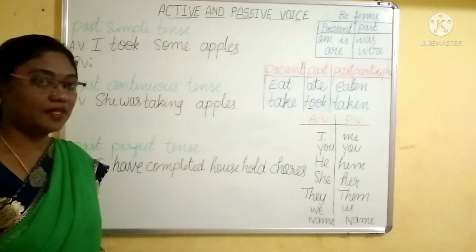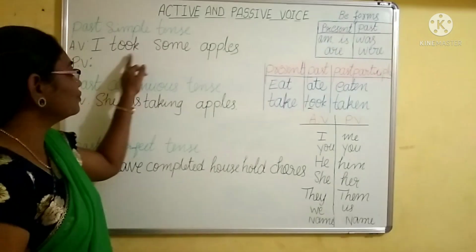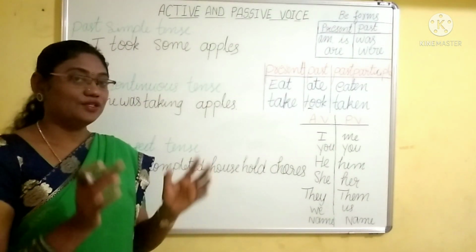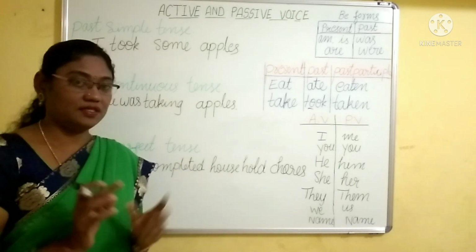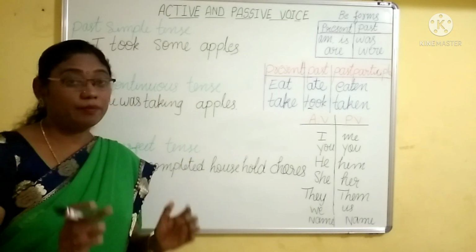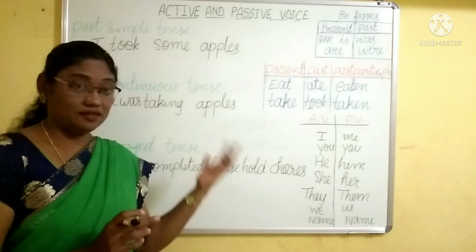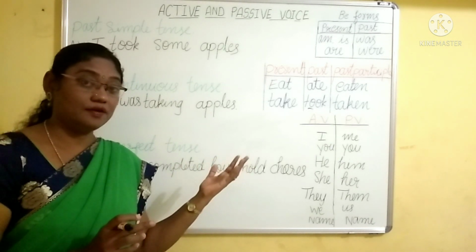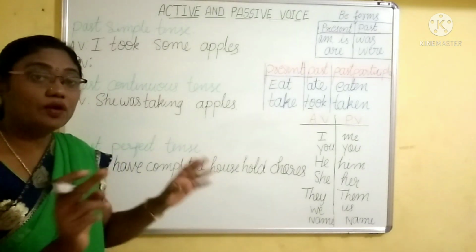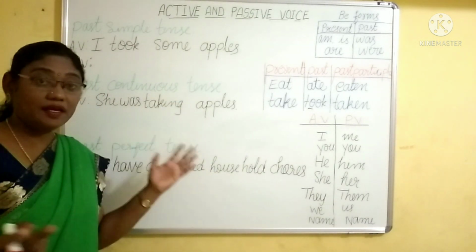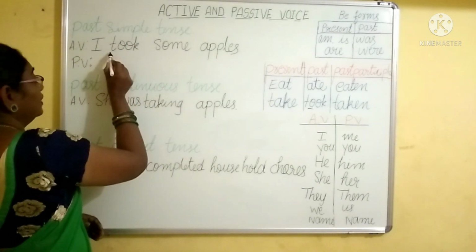Remember, I took some apples. So this sentence is in simple past tense. How do you make out whether the sentence is in past or present tense? Very simple. You look at the verb. What is the verb here? Absolutely, took.